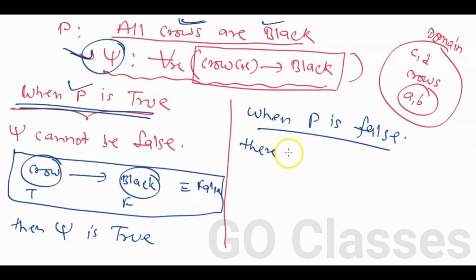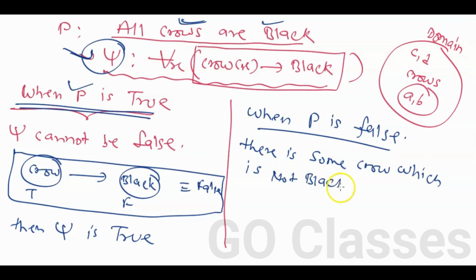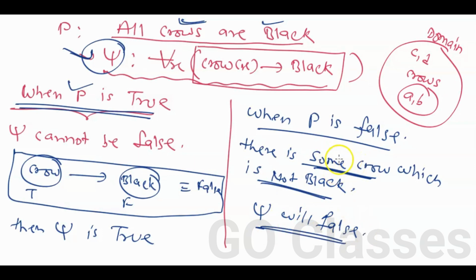Now because of this crow which is not black, the hypothesis becomes true and the conclusion becomes false. So I can say that because of this crow, phi will be false. So this is what we wanted to prove.